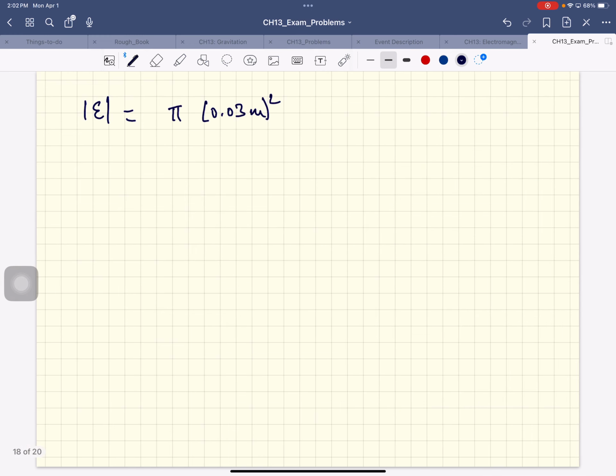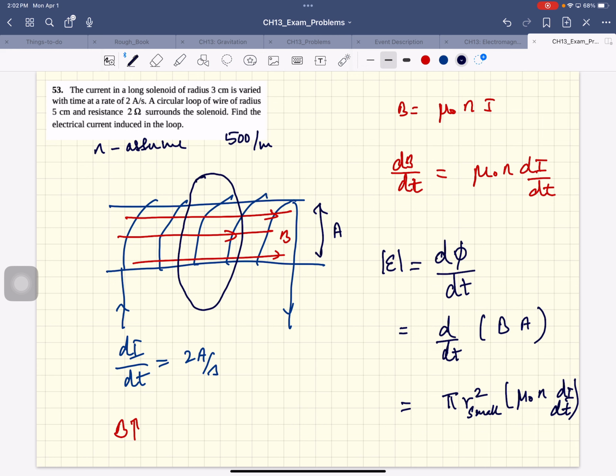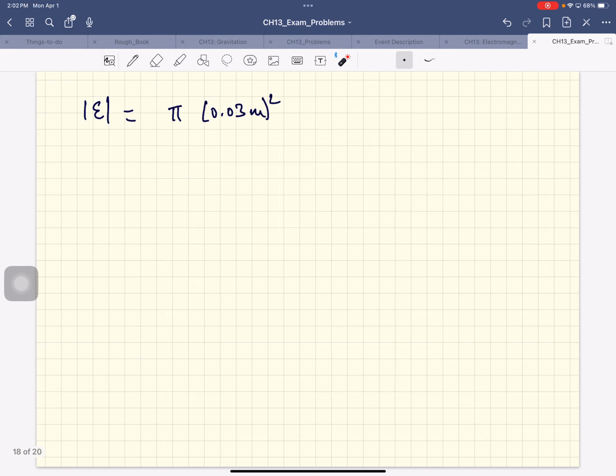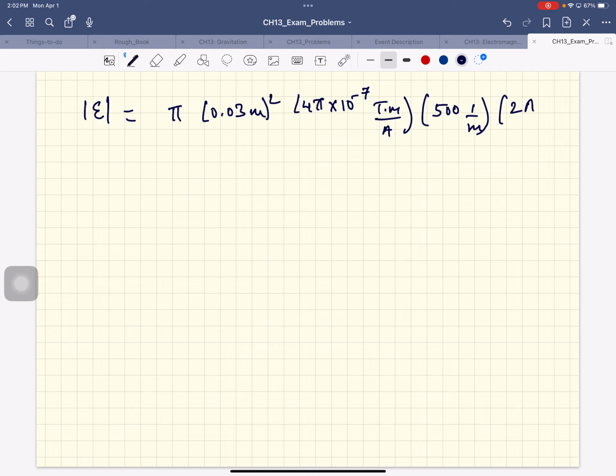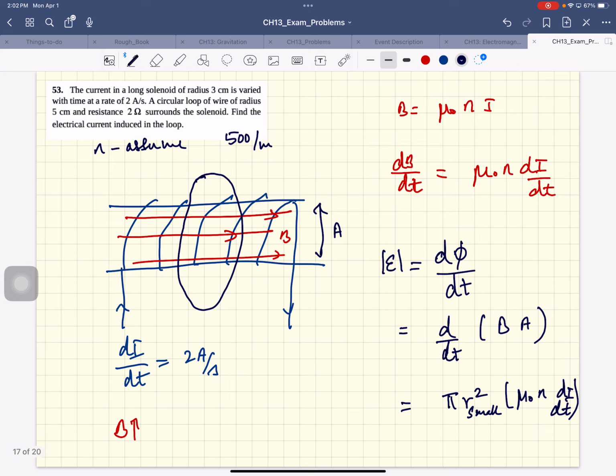Mu naught is 4 pi times 10 to the minus 7 tesla meter per amp. N is 500 turns per meter, and di by dt is 2 amps per second. Again, n was not given, and we are assuming n.